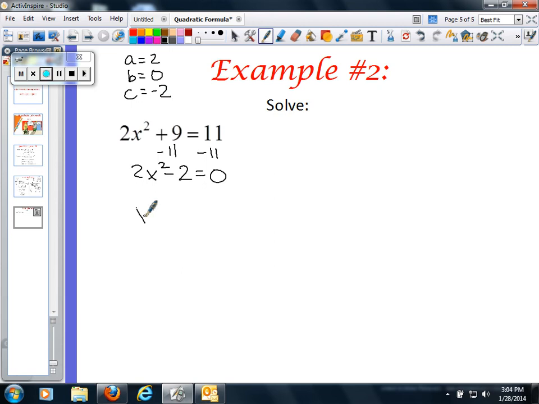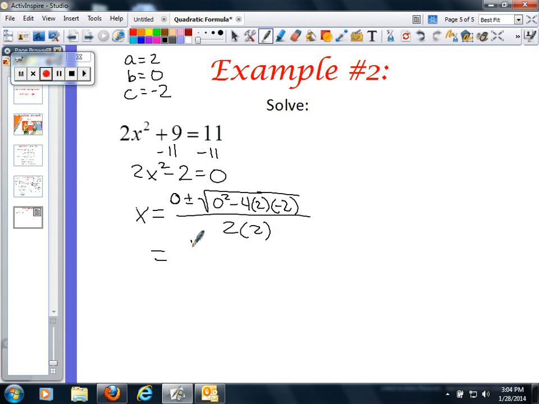So let's plug it in. You get x equals 0 plus or minus the square root of 0 squared minus 4 times 2 times negative 2, all over 2 times 2.